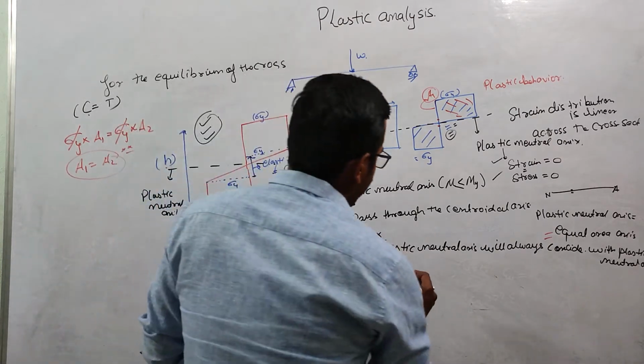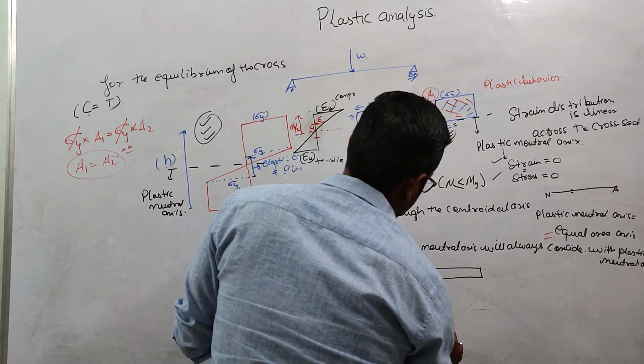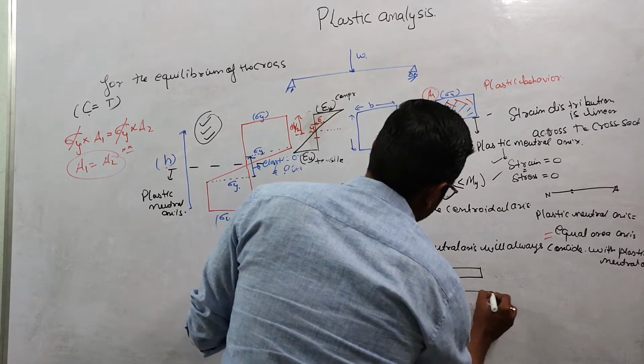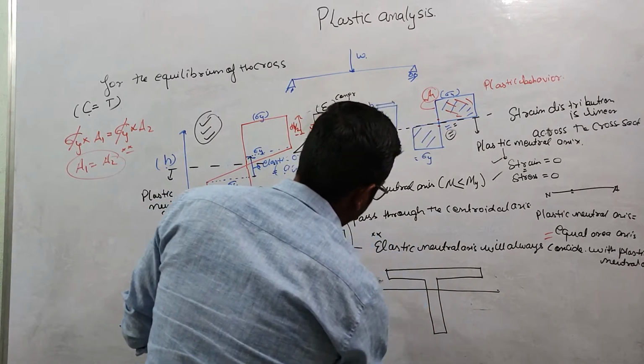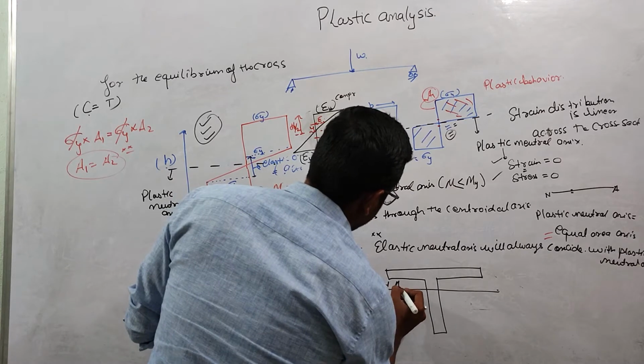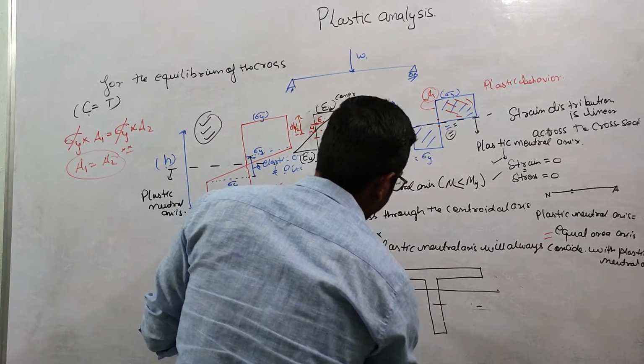If we have only single symmetry, let us suppose this is our cross section, then this will be our elastic neutral axis and this might be our plastic neutral axis. There will be some difference.